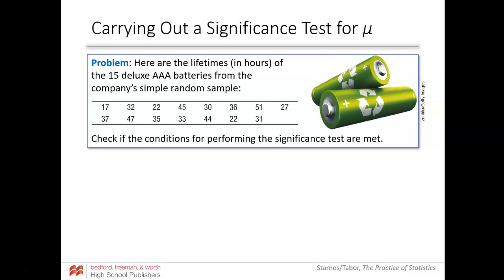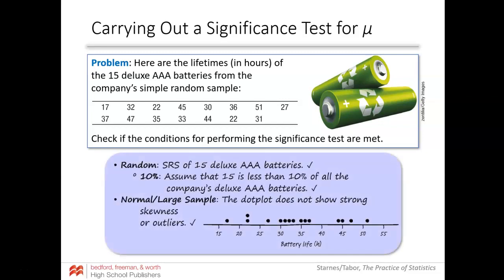So we have that battery example. I think we've come back to this one a few times now. We have 15 AAA batteries from a simple random sample from the company, and we're going to first check the conditions. The random condition has been met because it said they performed a simple random sample. And it's only 15 batteries, which I'm sure is less than 10% of all the batteries that the company has.